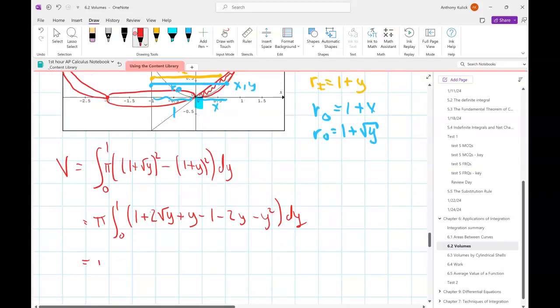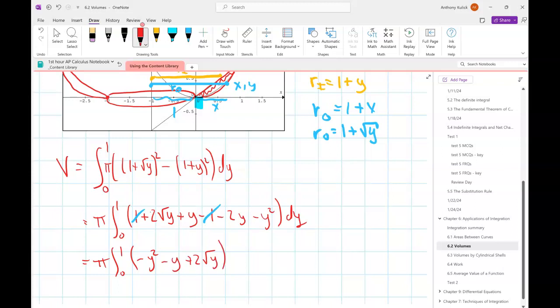And if I combine my like terms, I'm going to have those guys cancel out. I have negative y squared minus y plus 2 square root y dy.